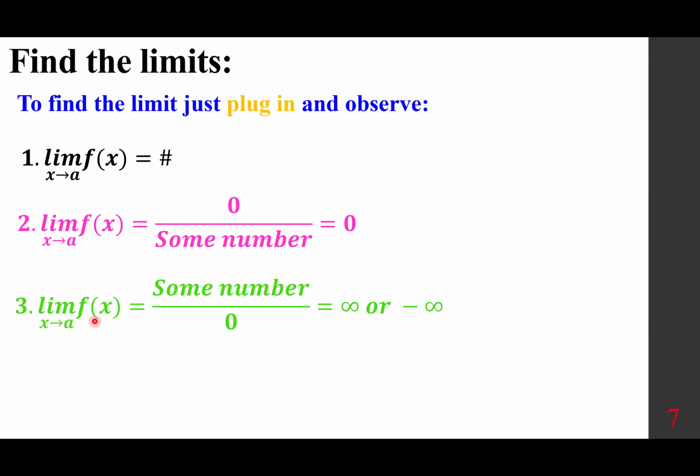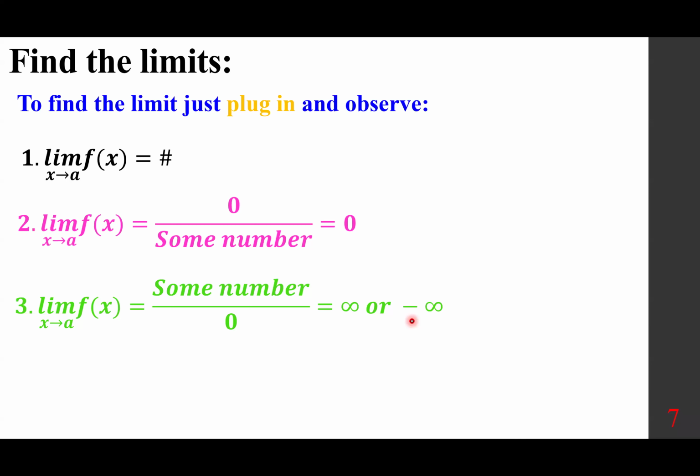If it is some number over 0, something other than 0, any number over 0, you learned in the past it was undefined, but actually it becomes either infinity or negative infinity, and we have to figure it out. I'll show you how to do that as we come across it.